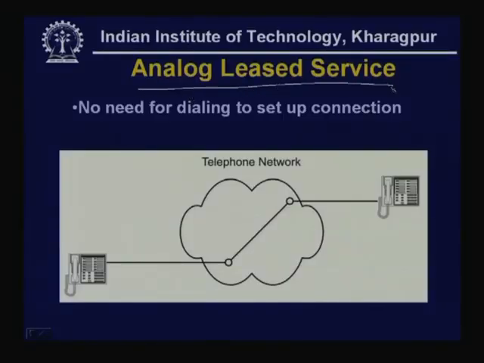In such a case, analog lease service is available, and the important point is, although the connection is through an exchange and there is a switch here, the switch has established a permanent path, as you can see, between these two handsets. So, user 1 need not really dial a number to establish a connection to user B.